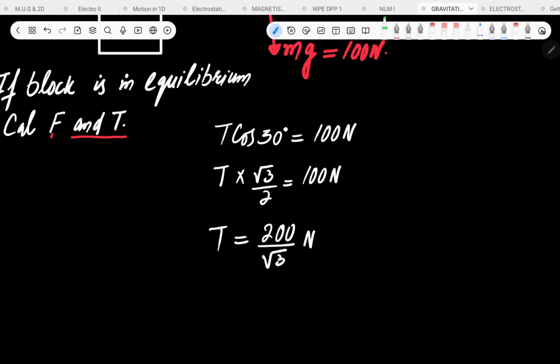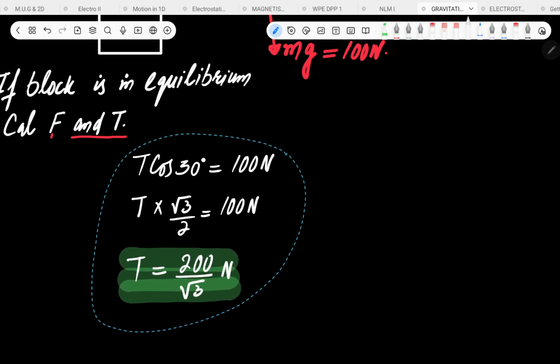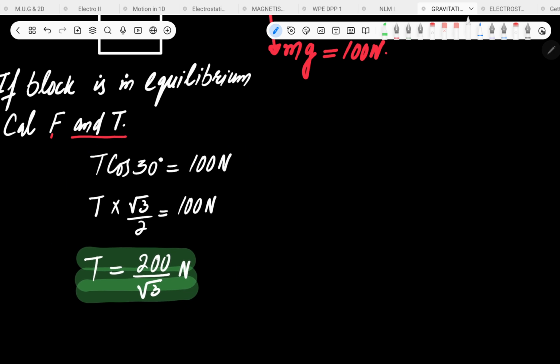So this comes out to be the tension in the string, which is 200 divided by root 3 Newton. Done with this? Next we are supposed to calculate what? We have to calculate the external force.